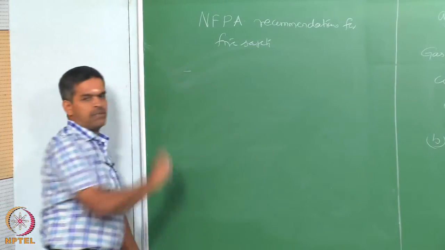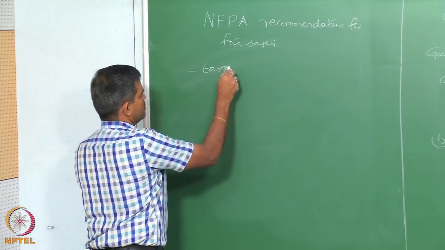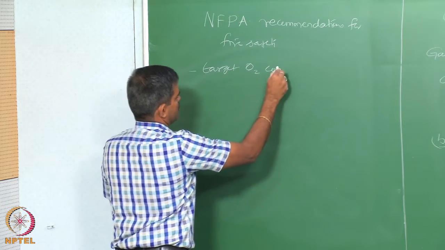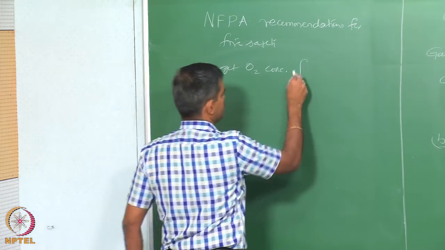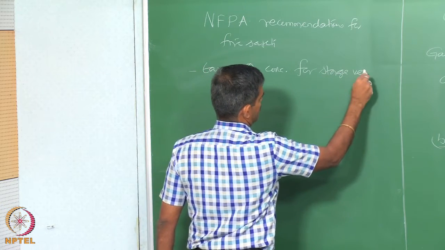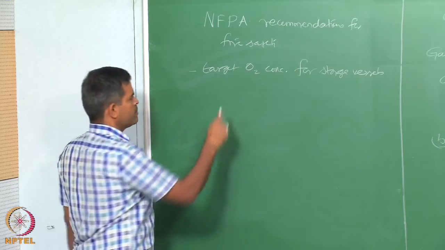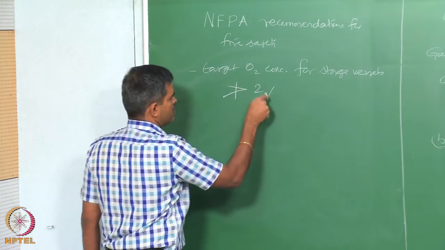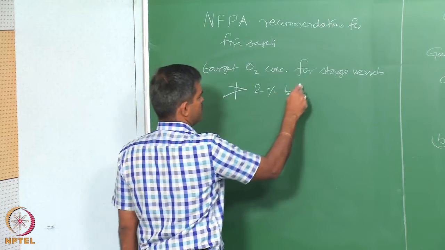According to the NFPA recommendations, the target oxygen concentration for storage vessels should not exceed 2% below the measured LOC.